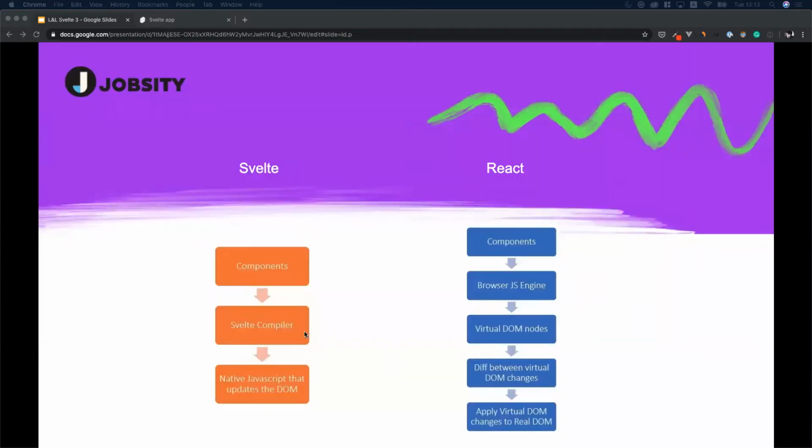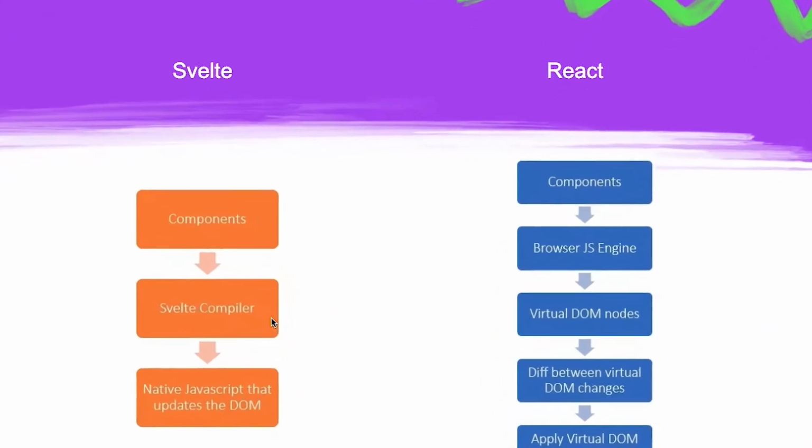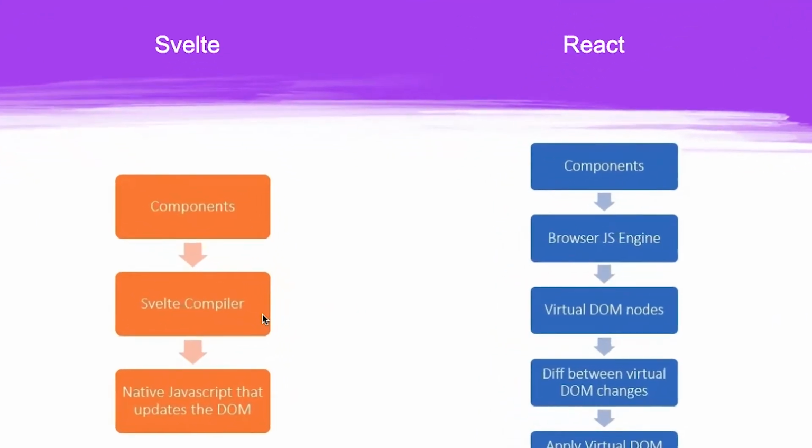So in this diagram, we can look at how this cycle works, comparing React to Svelte. In Svelte, we have the components, then we have the Svelte compiler that takes our components. And what happens here is that the framework is not present in the application. We transform our components into vanilla JavaScript that updates the DOM.